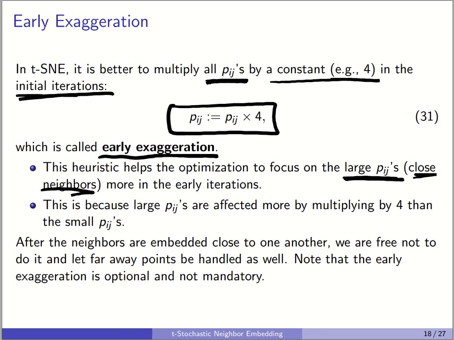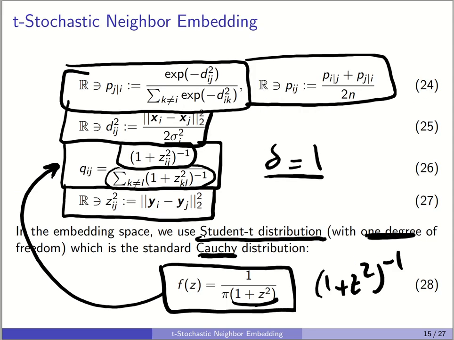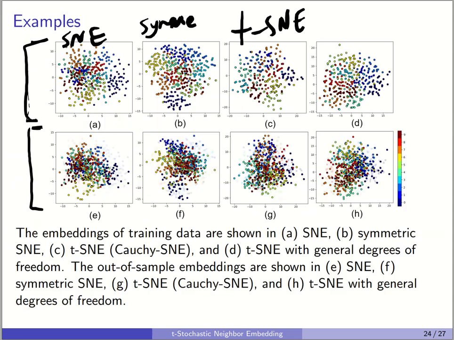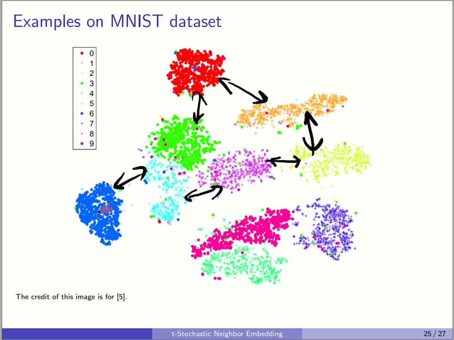If you do early exaggeration, you say that at first I want the similar points to be close to each other, because if you don't do early exaggeration, these clouds of points will not become small, they will be larger. So the clouds of classes will be confused with each other.